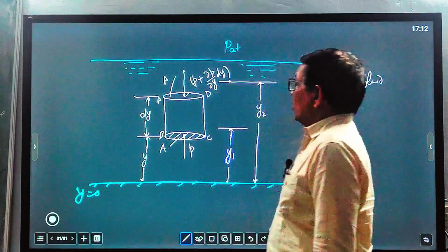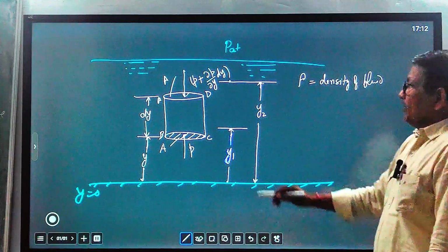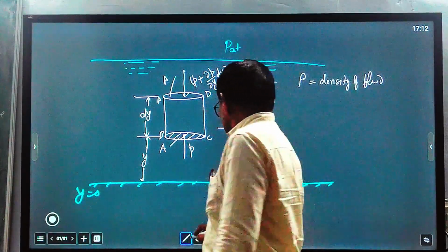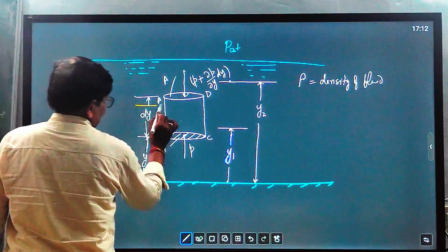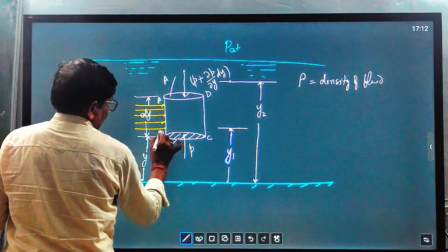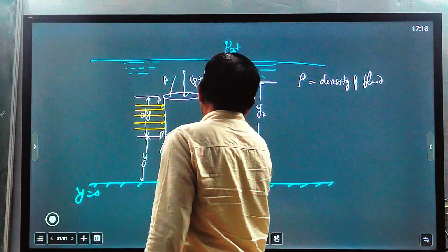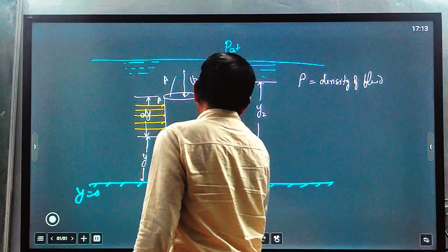So the pressure on the face AD equals P plus del P over del y dy, because pressure is a function of y. According to Pascal's law, the pressure from the surrounding fluid on the element is equal and opposite.